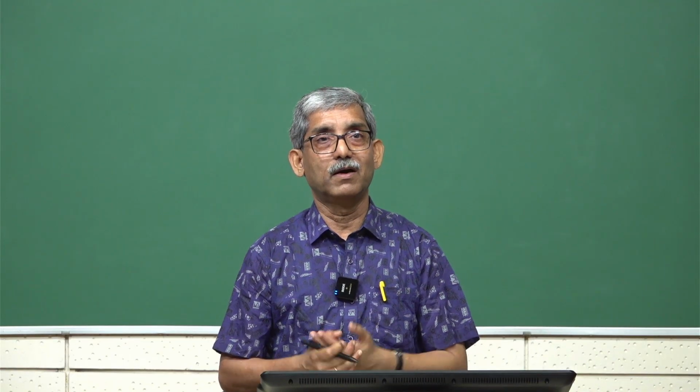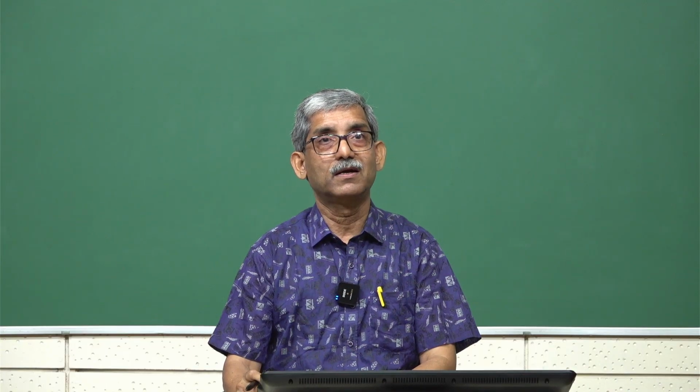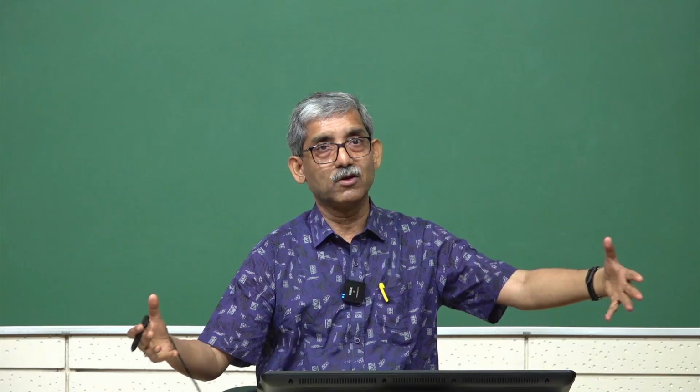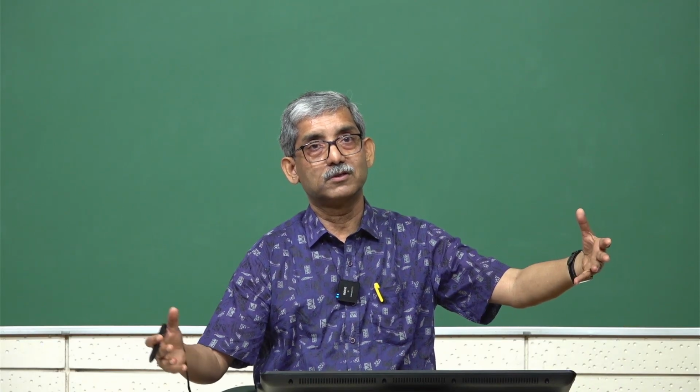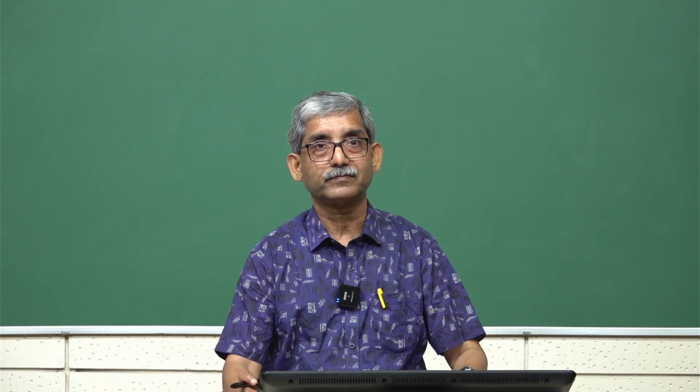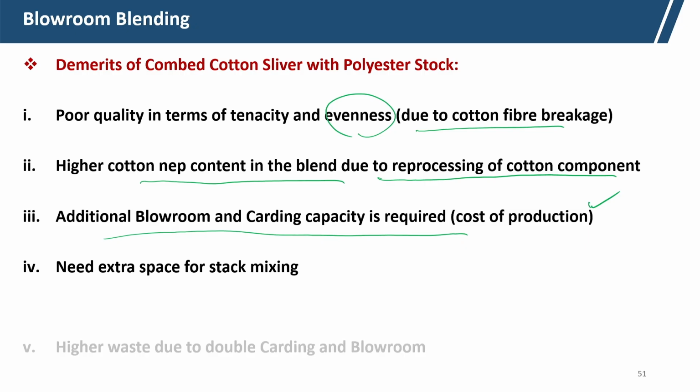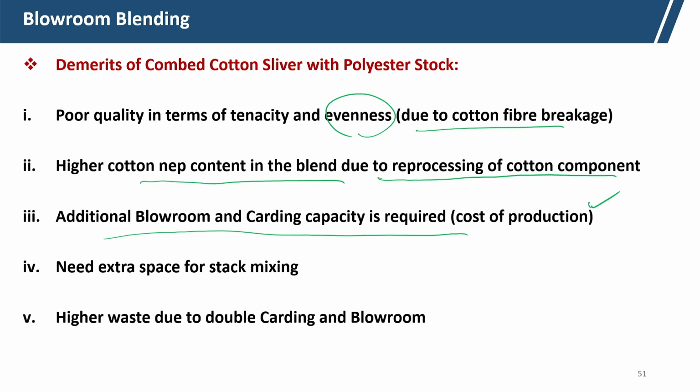But when we do stack mixing of combed cotton sliver, it is actually bulky, huge space is required, because already it is opened. High waste due to double carding and blowroom. So, waste percent will be higher, fiber realization will be less.